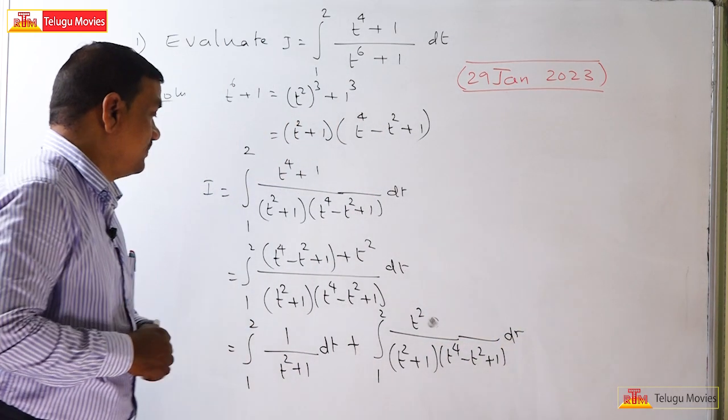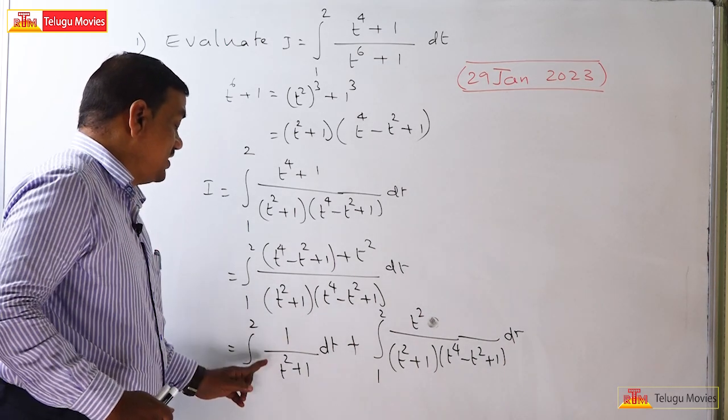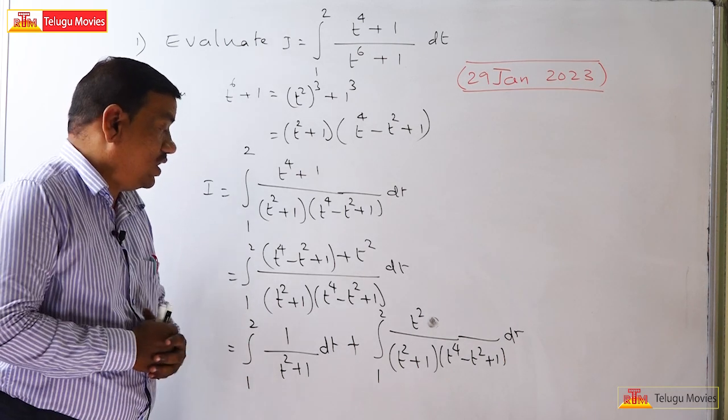Okay now, this is very clear. The first is a direct answer, that is tan inverse of t. So we will apply the upper limit and lower limit.